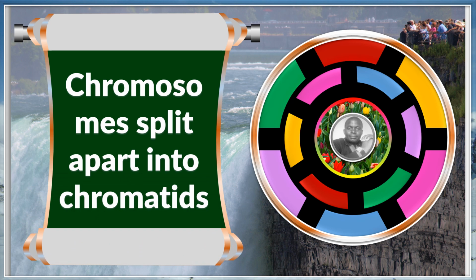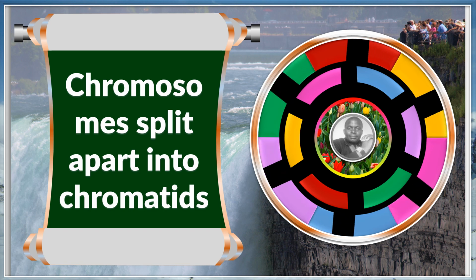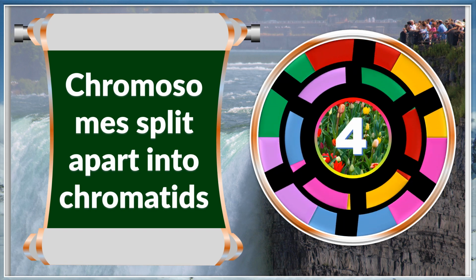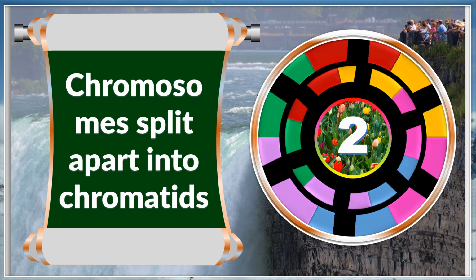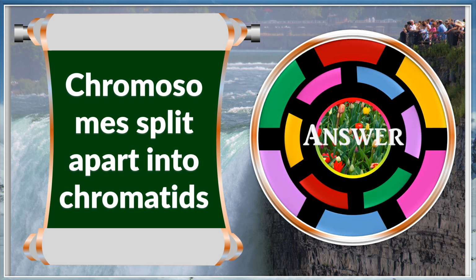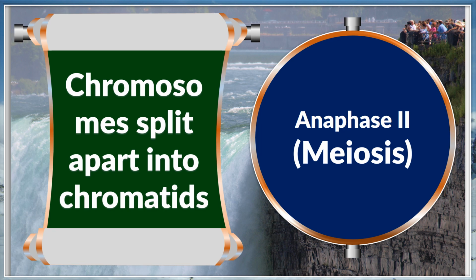Chromosomes split apart into chromatids. Anaphase II, meiosis.